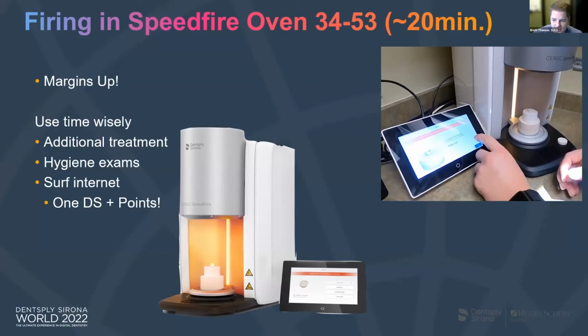My front desk knows that in the first about 30 minutes of a CEREC appointment, I'm with the patient. But in between, they can schedule another patient in the next room. They can put in some fillings or a post-op for the next crown that I'm starting. You can kind of alternate rooms and use that time wisely.